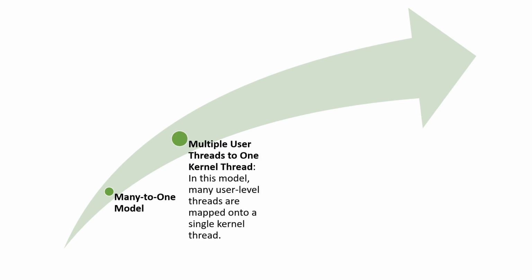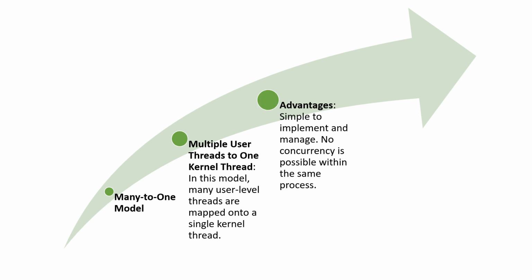And next is the many-to-one model, multiple user threads to one kernel level thread. That is, in this model, many user level threads are mapped onto a single kernel thread. The advantages are that it is simple to implement and manage.